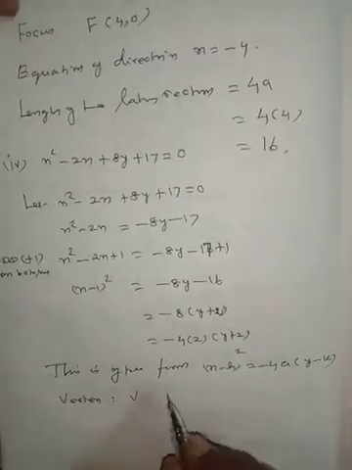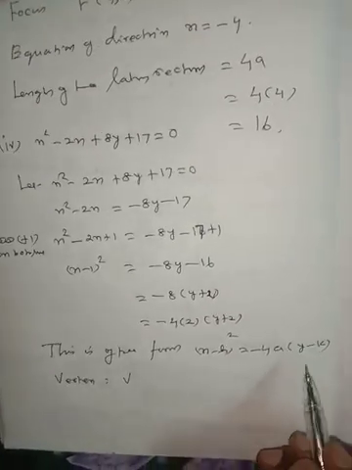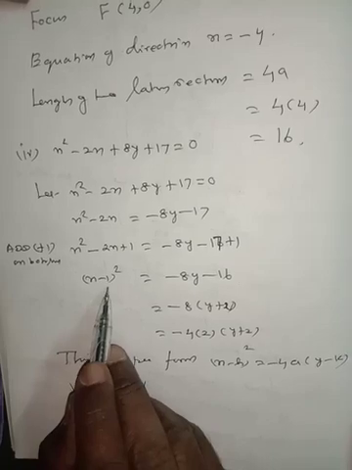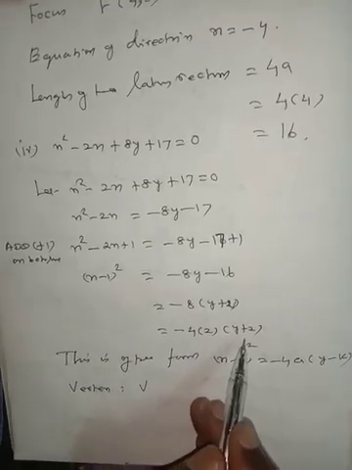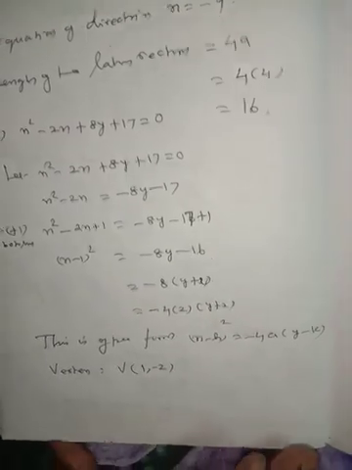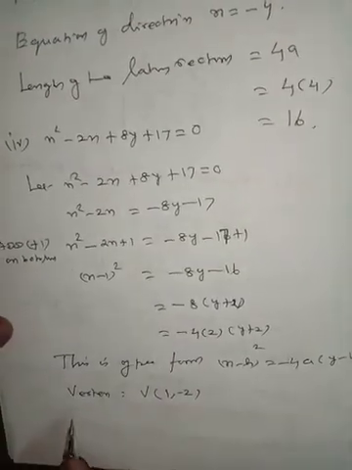Now vertex V of h and k. h is 1, k is minus 2. So V of 1 comma minus 2. Next focus.